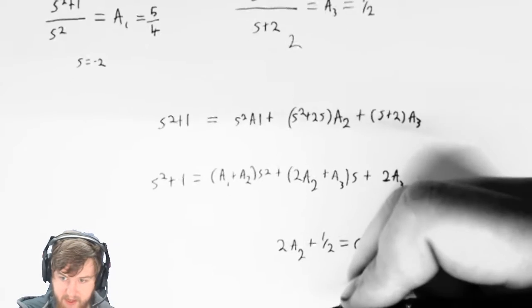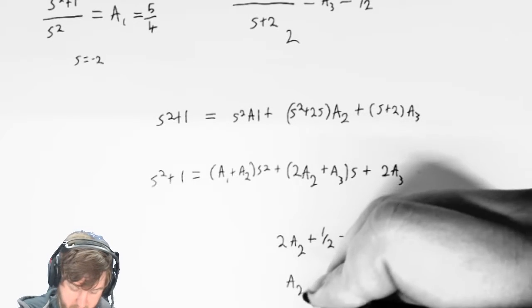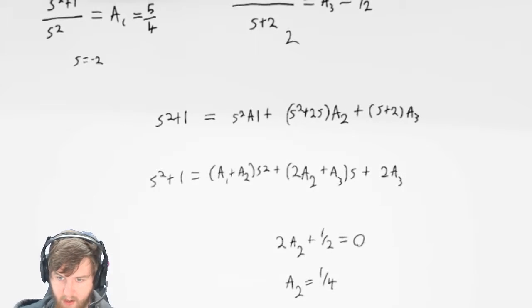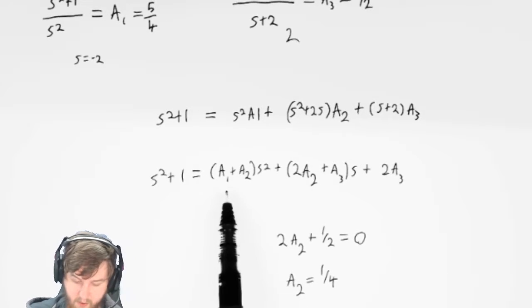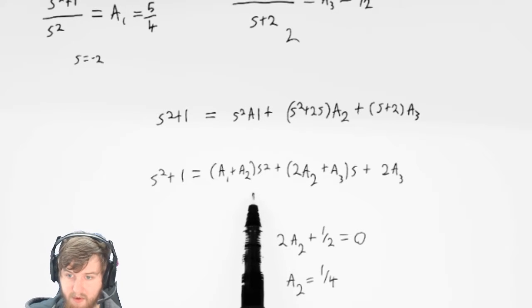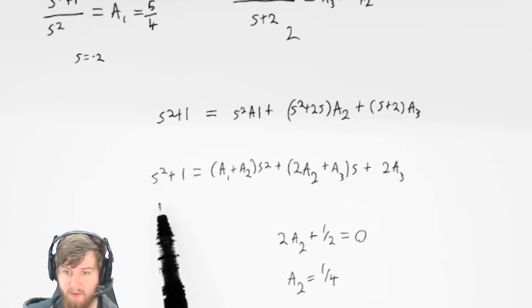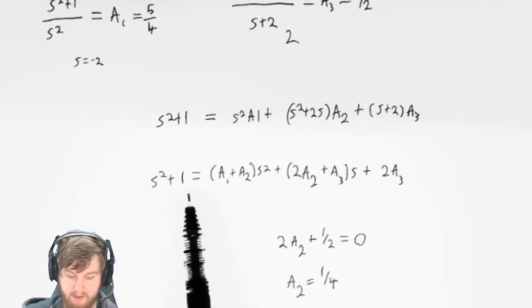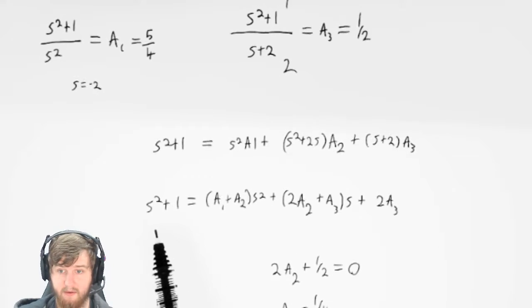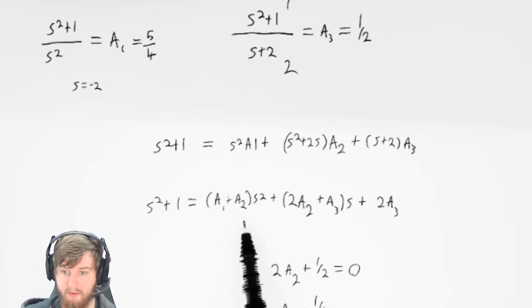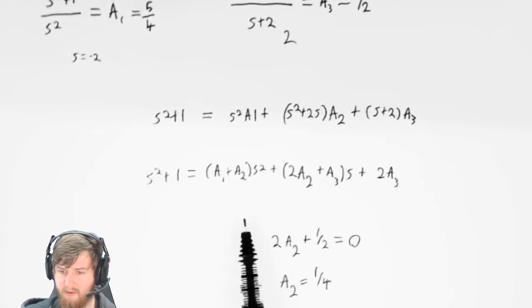So that means that a2 is equal to 1/4. We also could have looked at a1 plus a2 is equal to 1. We know that a1 is 5/4, so that would have meant that a2 is equal to negative 1/4.